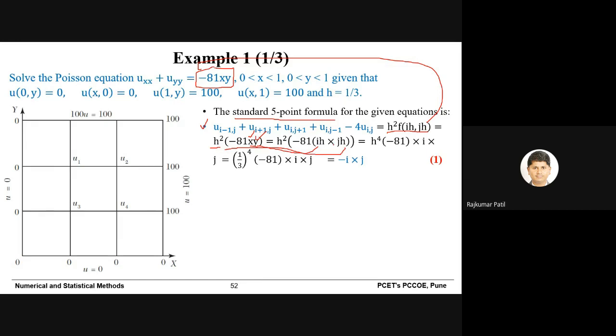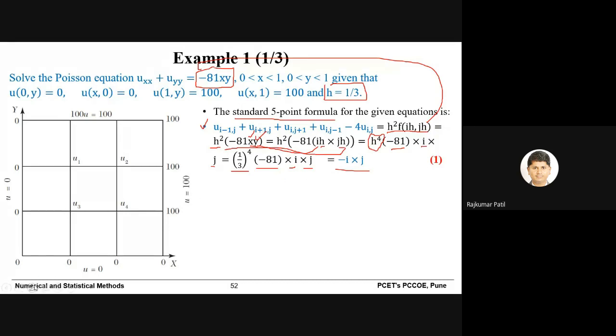And keep simplifying the equation. So take these two h common outside the bracket. Your h will become h raised to 4, then minus 81 and i into j. So keep simplifying this equation. Also, we know the value of h, which is 1 by 3. So (1 by 3) raised to 4 into minus 81 into i into j is equal to minus i into j.